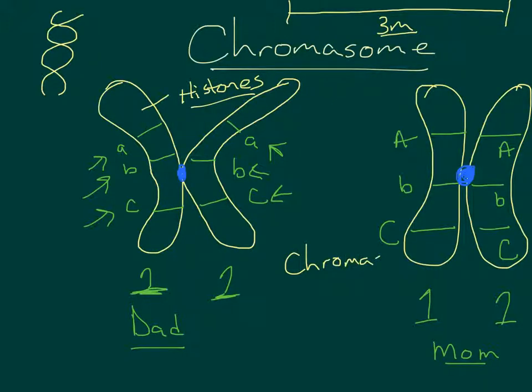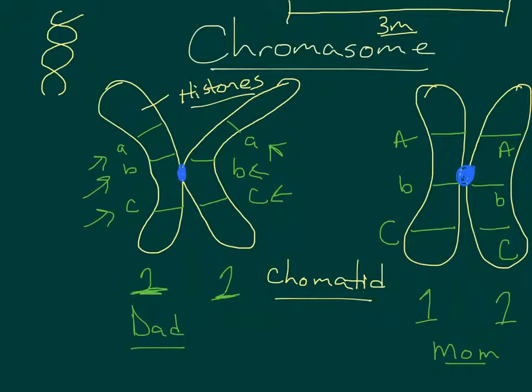So we call each of those a chromatid, okay? What we mean by chromatid is that this particular area here is one chromatid, this is another chromatid, connected by a centromere. So a chromatid is one copy of the chromosome, of the pair connected by a centromere.